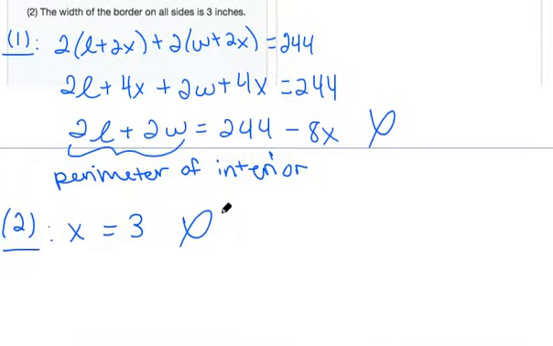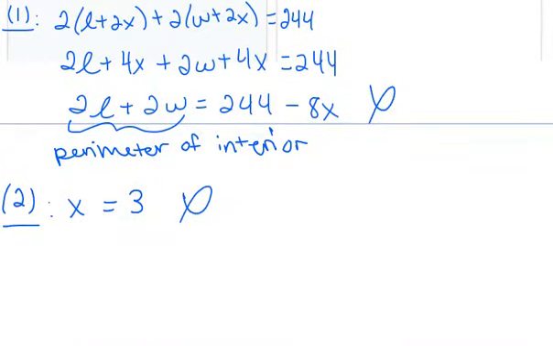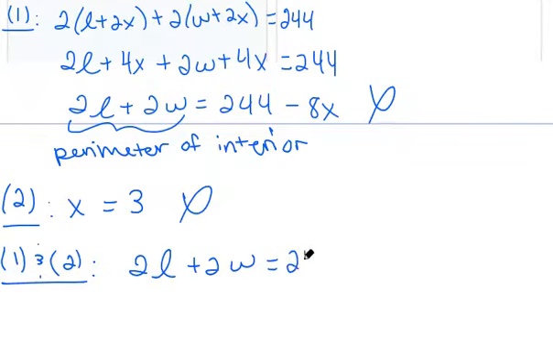So we're going to need to combine statements. Sliding down, let's combine our statements 1 and 2. By the same logic, if we plug X into the equation that we deduced from statement 1, we would only have 2L plus 2W equals 244 minus 8 times 3.